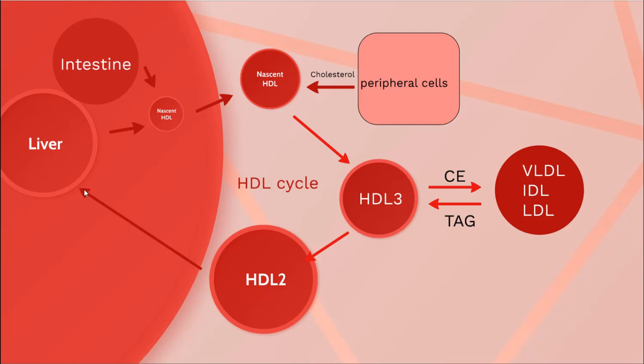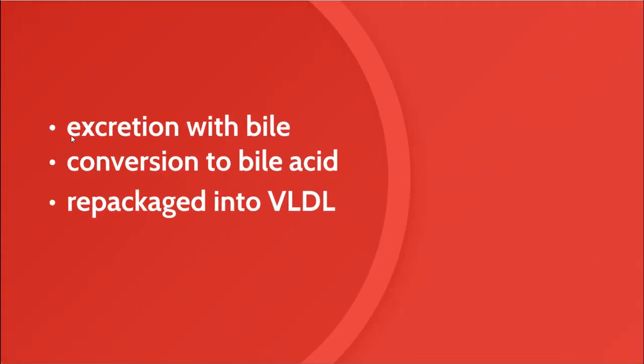This HDL2 will go back to the liver where it offloads its cholesterol ester. In the liver, the cholesterol may be excreted with bile, or it may be converted to bile acid, or the cholesterol will be repackaged into VLDL.